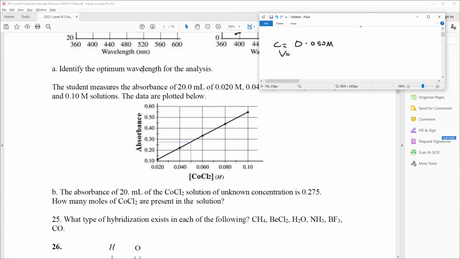We have a volume of 20 milliliters. We need the number of moles, which only works with SI units. That's why we convert on the spot. And then multiply n = CV. You get 0.05 times 20 times 10 to the power of minus 3.